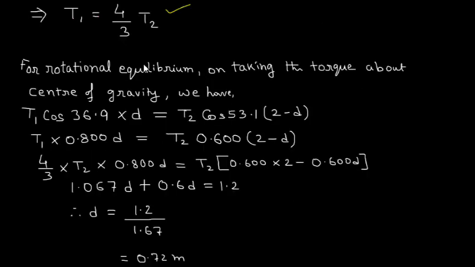So, for rotational equilibrium, on taking the torque about the center of gravity, we have T1 cos 36.9 multiplied by d equals T2 cos 53.1 multiplied by (2 minus d).